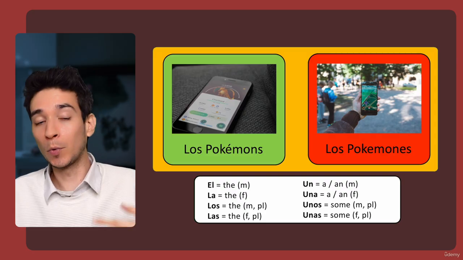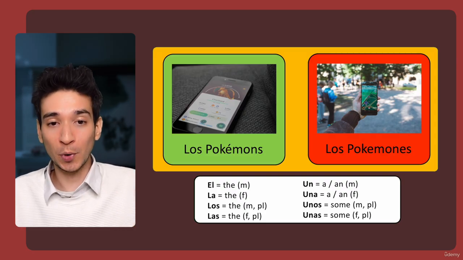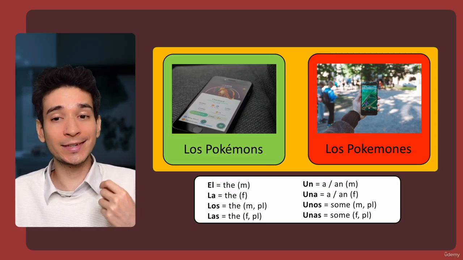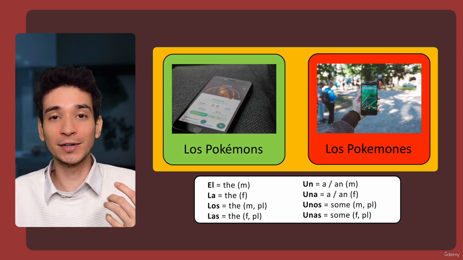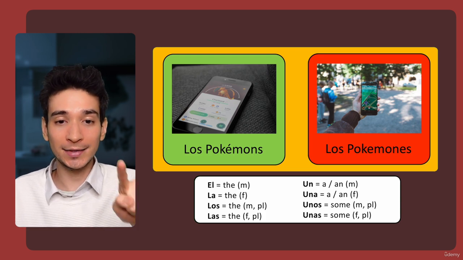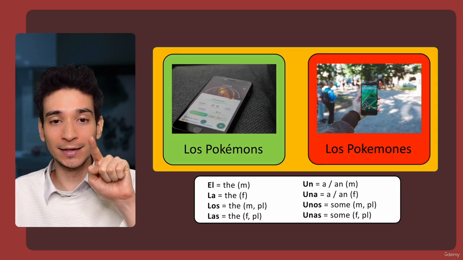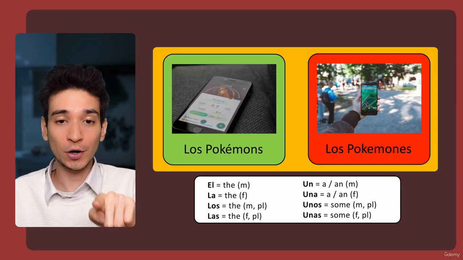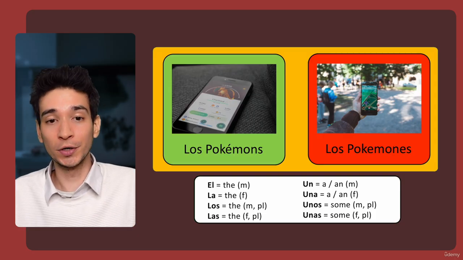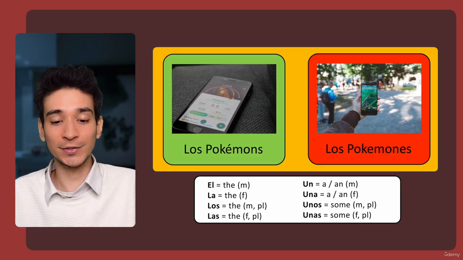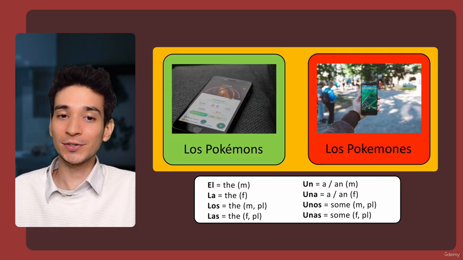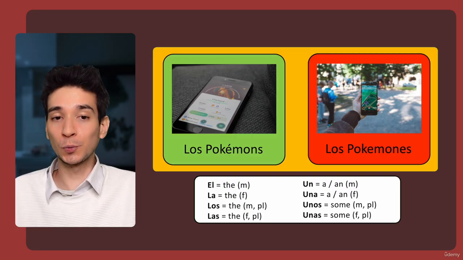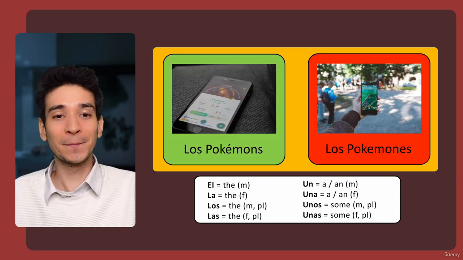If you have more than one, we would say los Pokémons. But we would not say los Pokémones. Since Pokémon is a foreign word, we just add the letter S. So it ends in a consonant, but it's a foreign word. I think it's a Japanese word, most likely. So this works for English words and even Japanese words.